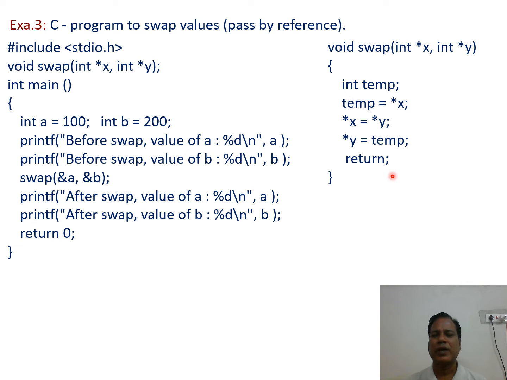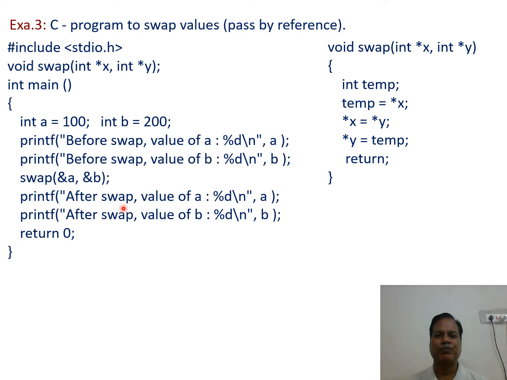Then this is the last return statement. So control goes to the calling function, and the statement after swap(&a, &b); is going to be executed, and the next statement is printf.